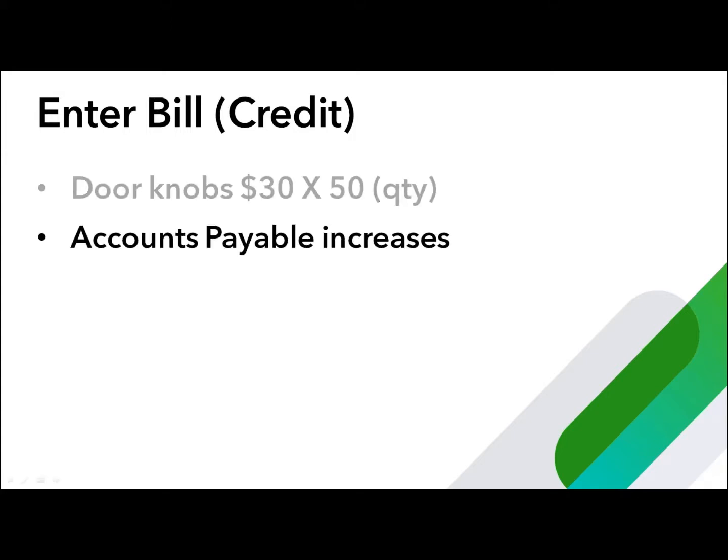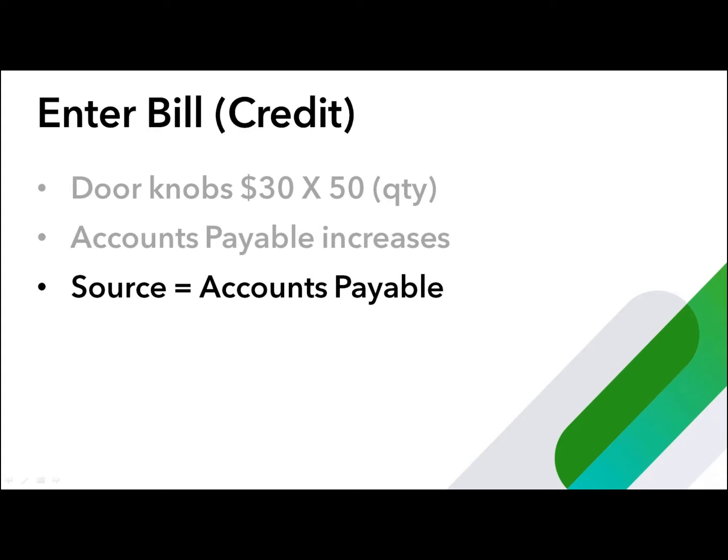Let's look at this transaction from the other side, the right side. Remember, you bought 50 doorknobs at $30 each, but you have not paid for them yet. You owe the money to a vendor or supplier. So accounts payable increases by $1,500. That means the source is accounts payable. Apply the general guideline. Sources are usually credits.